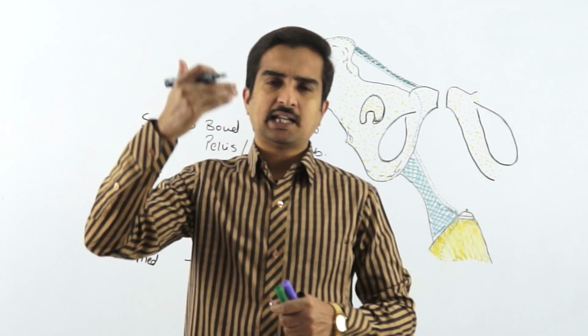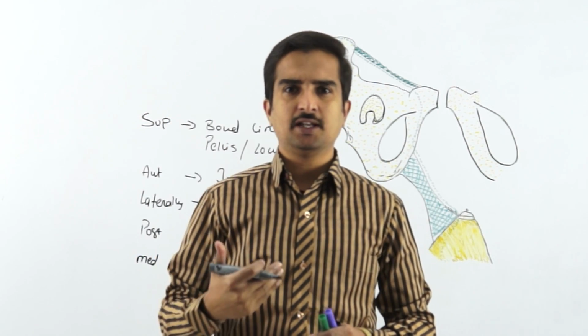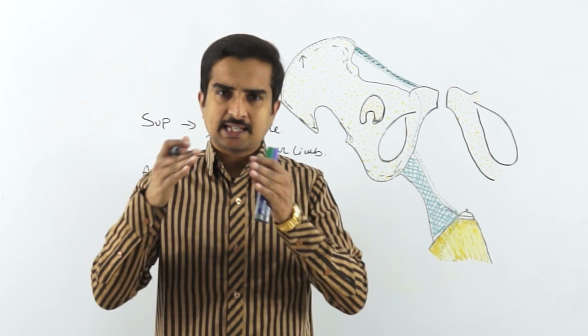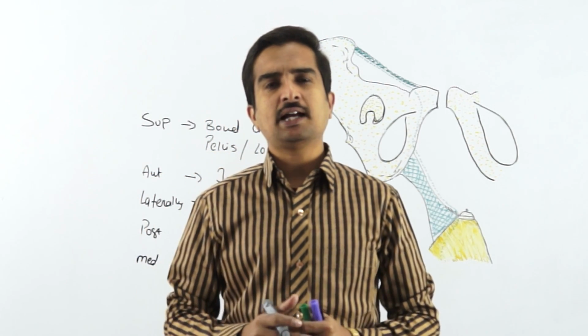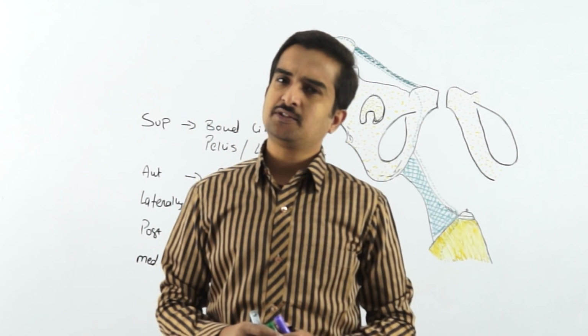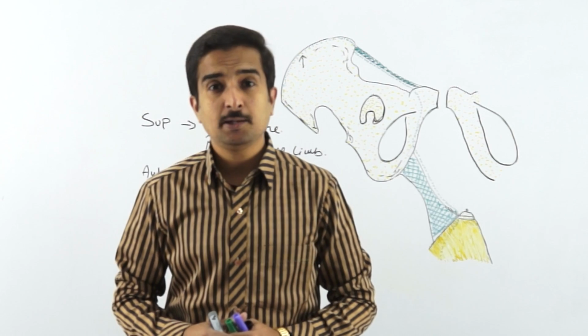So by the time the fascia lata reaches inferiorly, it attaches at the front of the knee as well as the sides of the knee, where it gives attachment to the capsule of the knee joint, and also to the bony prominences.